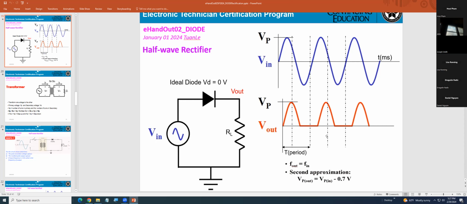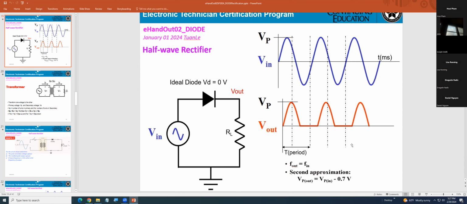So on forward bias, the output is 0.7, correct? Yeah, if you're using the diode with 0.7, then basically you have to start from here, minus 0.7. That's a DC.